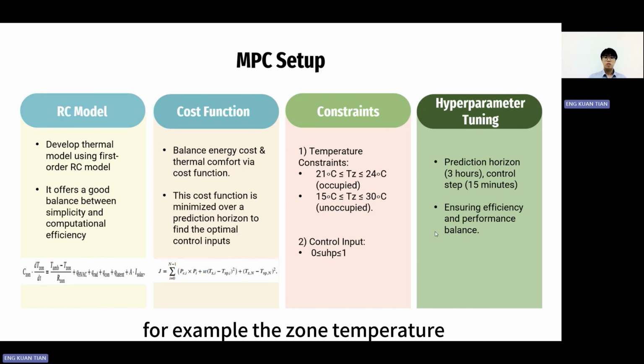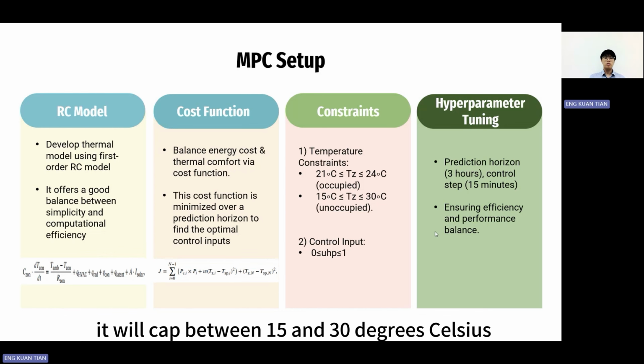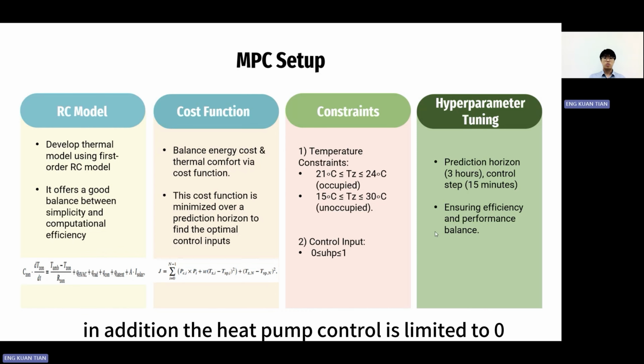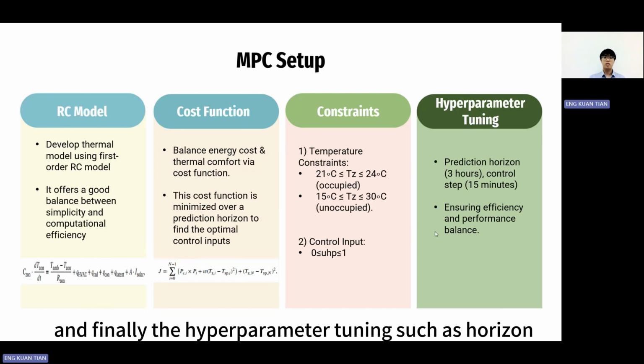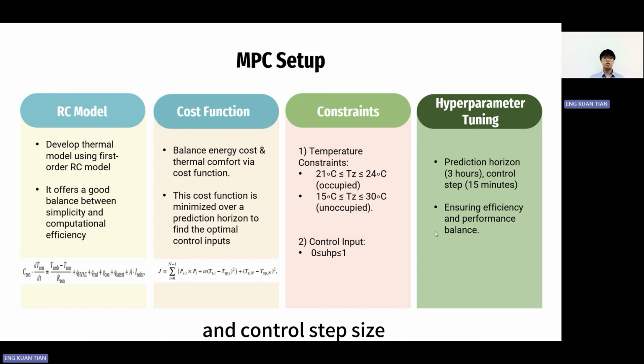For example, the zone temperature when occupied must stay between 21 and 24 degrees Celsius, and when unoccupied, it must stay between 15 and 30 degrees Celsius. In addition, the heat pump control is limited to between 0 and 1 to ensure realistic operation. And finally, the hyperparameter tuning, such as horizon and control step size, is critical.